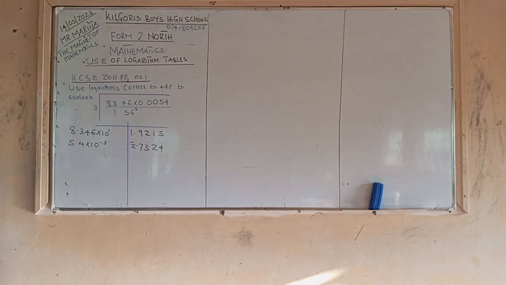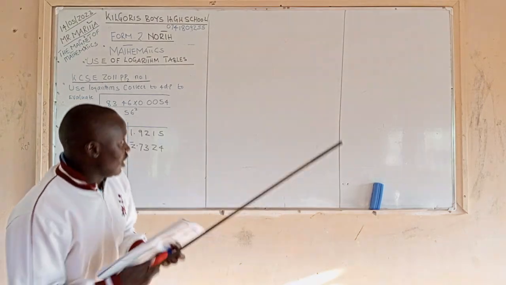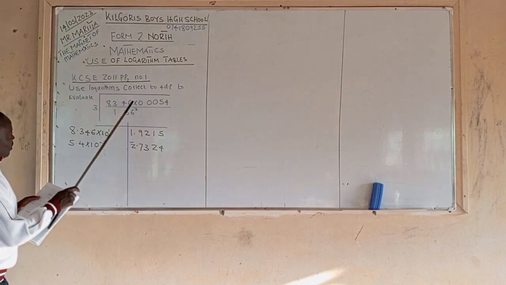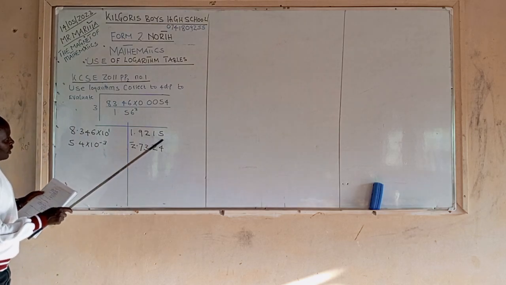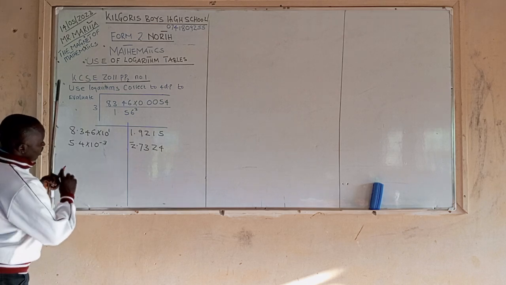What did you understand again? You understand that we have a multiplication. This multiplication must change into addition. So we can have the addition here.